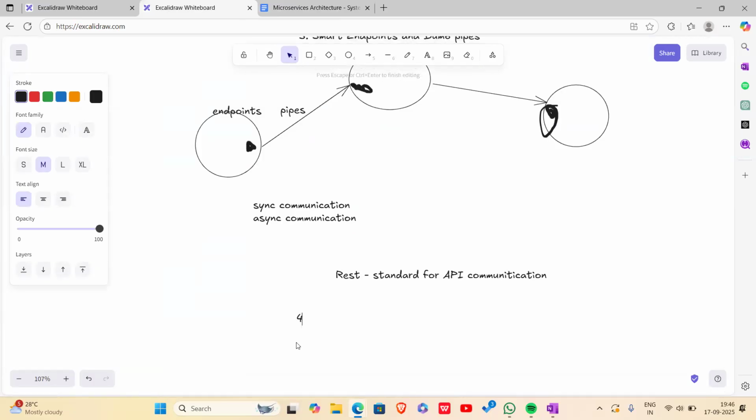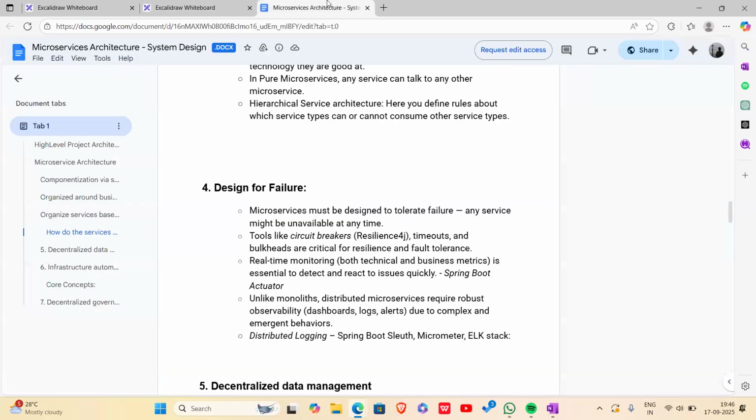Design for failure is very important in microservices. The fourth point is that we always have to design for failure, because we can't always guarantee success. Microservices must be designed to tolerate failure, since any service might be unavailable at any time. Tools like circuit breakers, timeouts, and bulkheads are critical for resilience and fault tolerance.